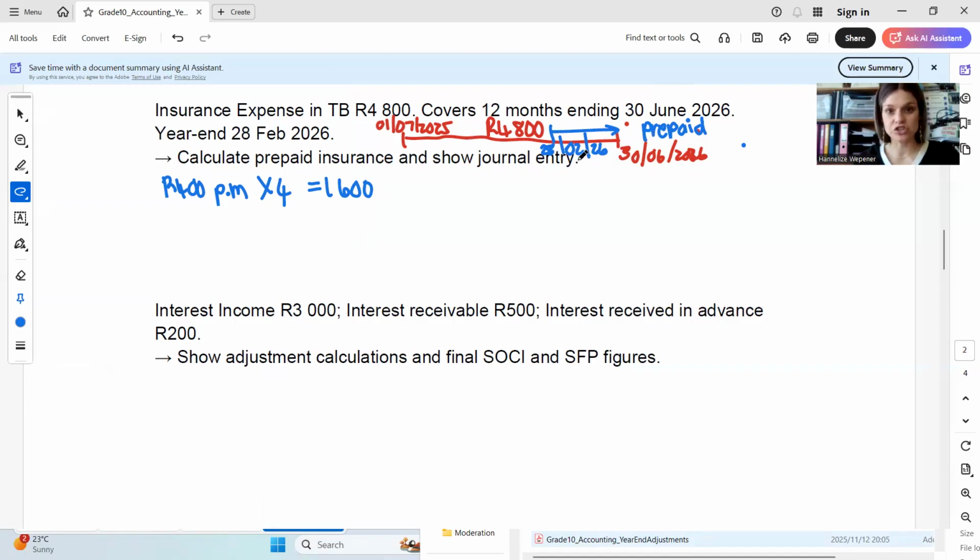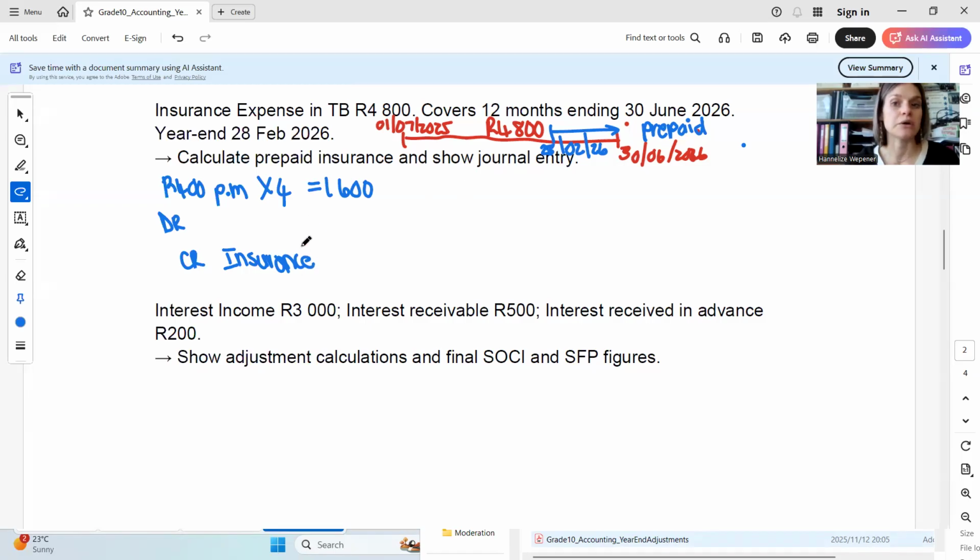And they want me to show the journal entry. In other words, what am I going to debit? What am I going to credit? So this may not be included in my expense account. It has been prepaid. Therefore, I must remove it from the expense account by crediting the insurance expense. If you need to know why credit and not debit, why it's increasing on the debit side and decreasing on the credit side, please go to the grade 8 and 9 videos.